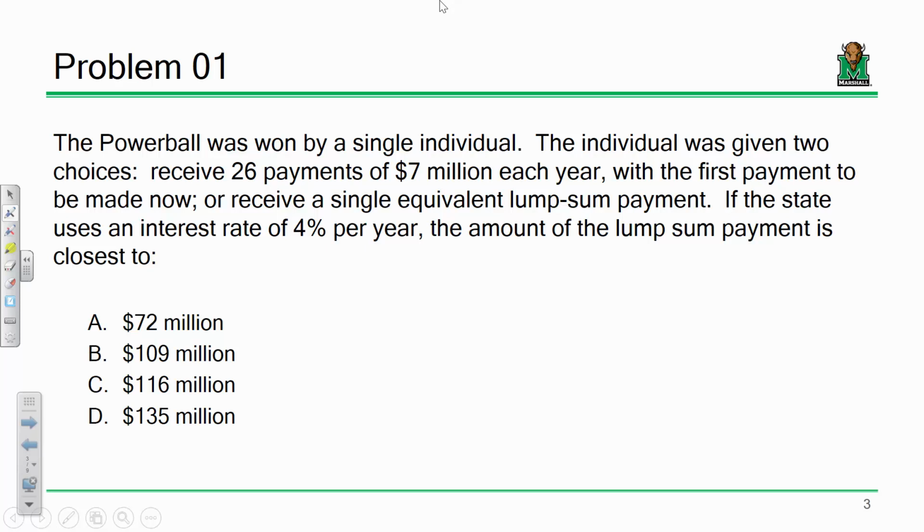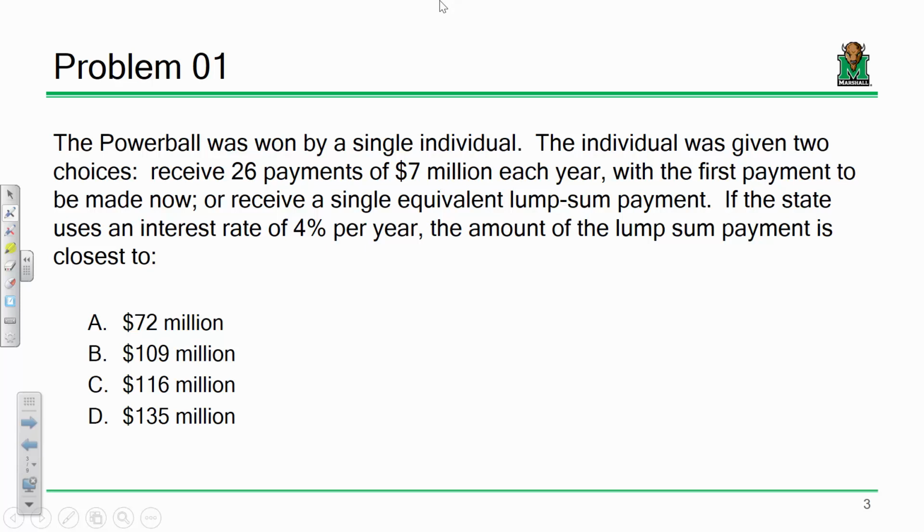Receive 26 payments of $7 million a year, so one this year and one each year following for 25 years, or receive a single equivalent lump sum right now. If the state uses an interest rate of 4% per year, what would the amount of the lump sum payment be? Does that make sense?